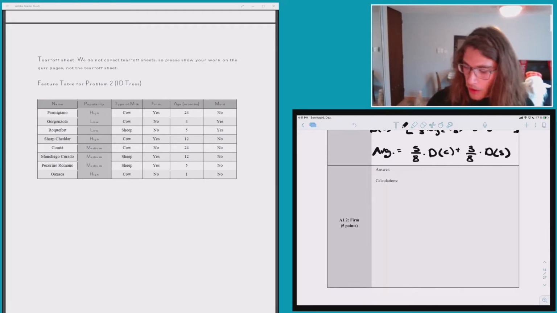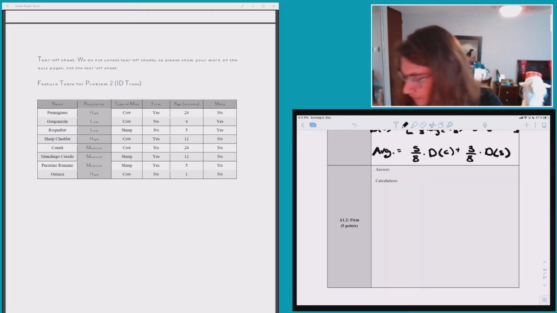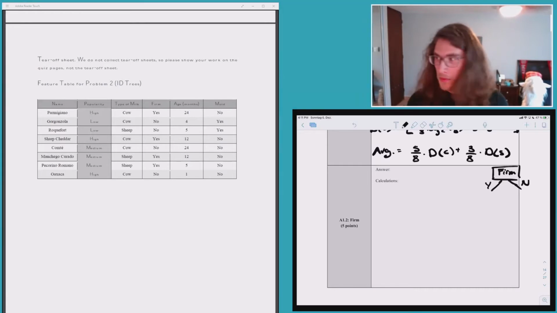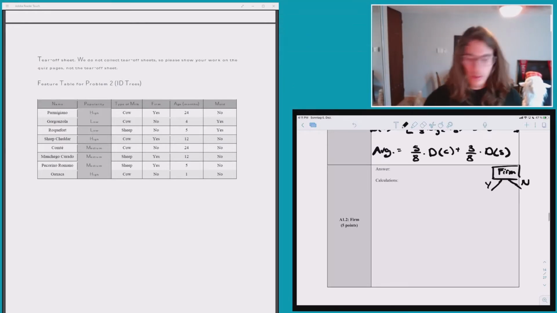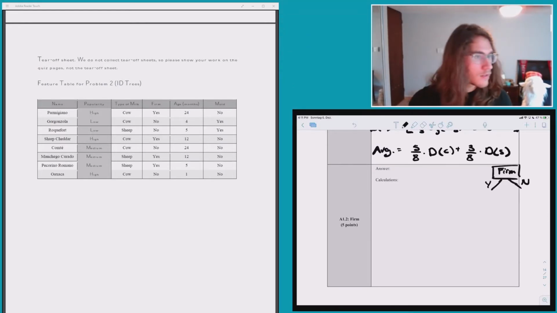Now for firm. Firm, either yes or no. I'll just start reading off the points on the table I have on the side. For firm in yes, I have 2 high and 2 medium.